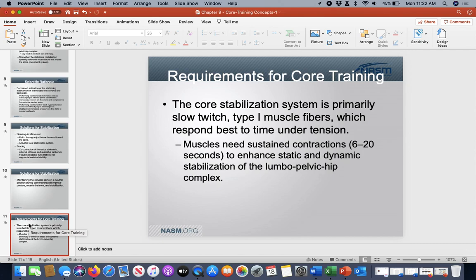Think about how long you can hold a plank, especially as you become more and more conditioned. That's providing either static or dynamic stabilization for the LPHC. So you need to think about how long of a time under tension you can hold. Can you hold a plank longer than a minute? Can you hold a plank for 2 minutes? If you're holding it for 2 minutes, that's definitely more of a type 1 style fiber than a type 2, because a type 2 would have fatigued out at that point. And because you can constantly hold your posture in a certain position, it definitely shows as type 1.